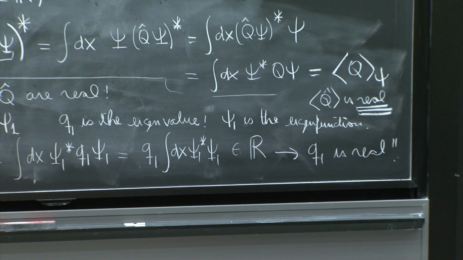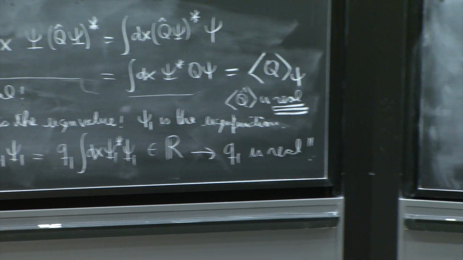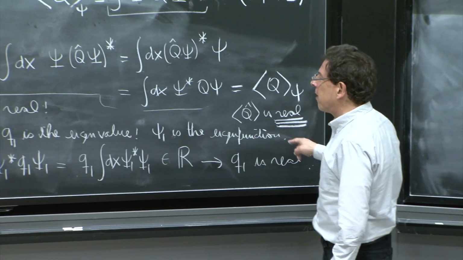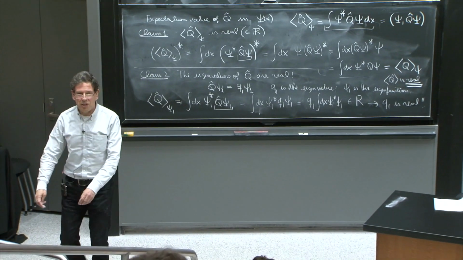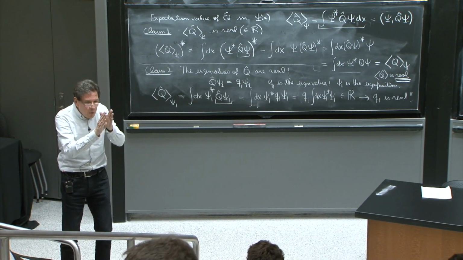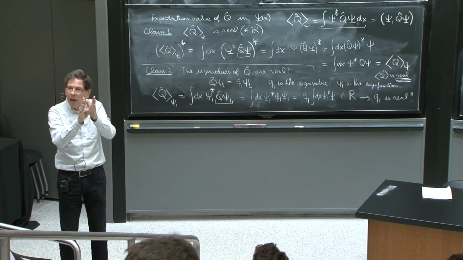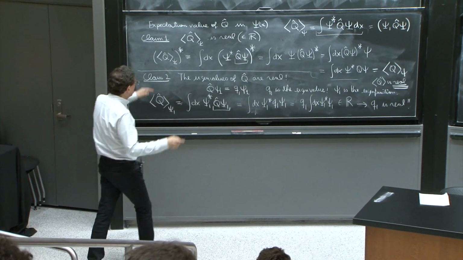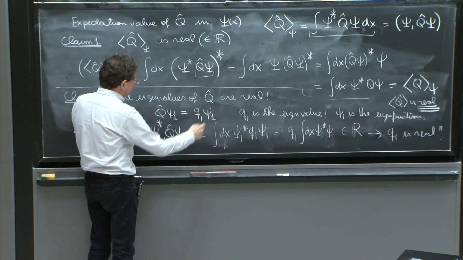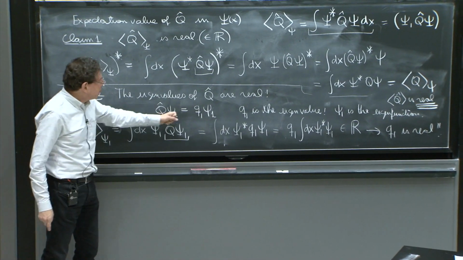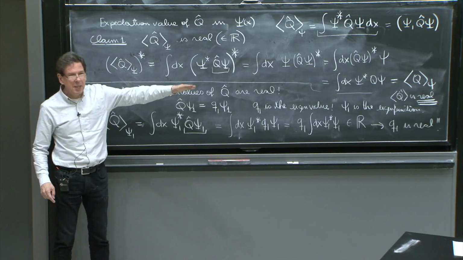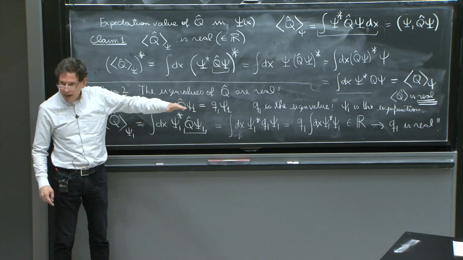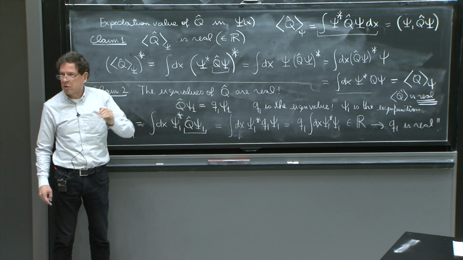Now, it's an interesting observation about the eigenfunction equation. It doesn't depend on what precise psi1 you have, because if you put psi1 or you put twice psi1, this equation still holds. So if psi1 is an eigenfunction, 3 psi1, 5 psi1, minus psi1 are all eigenfunctions.